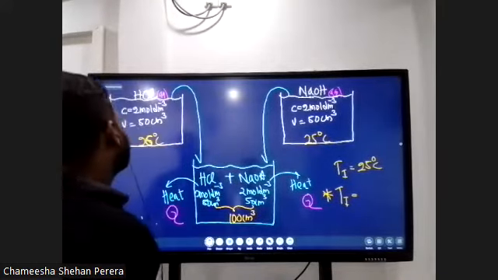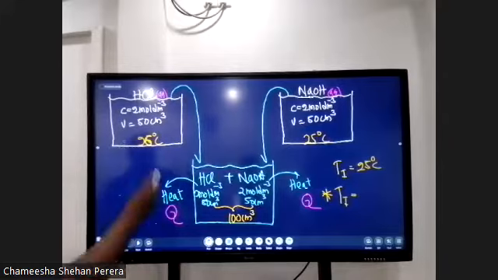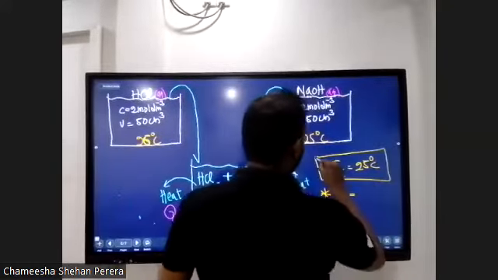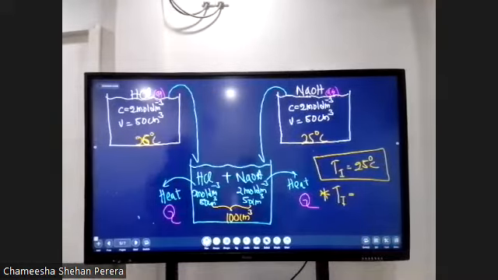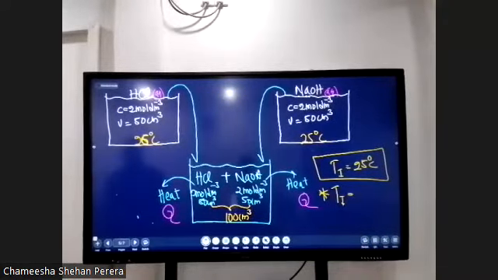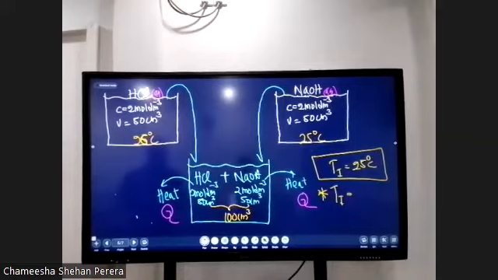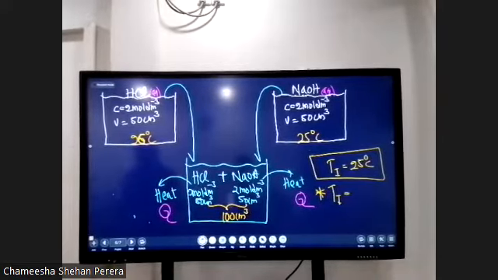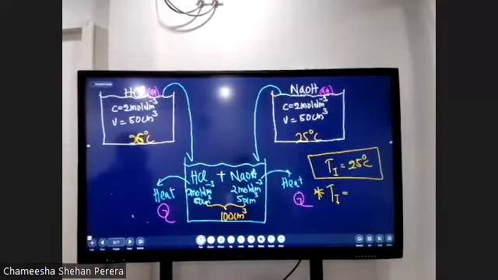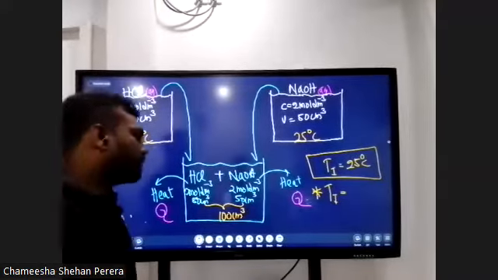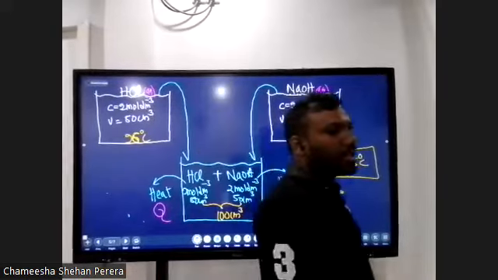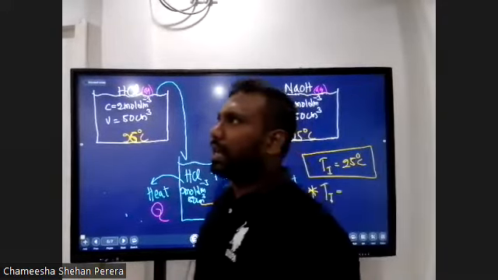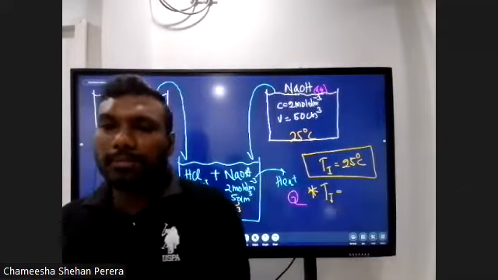Then again, 25 can be simply considered as the initial temperature. If both the reactants before the reaction have the same initial temperature, that can be considered as the temperature initial of the reactants. Okay, simple.